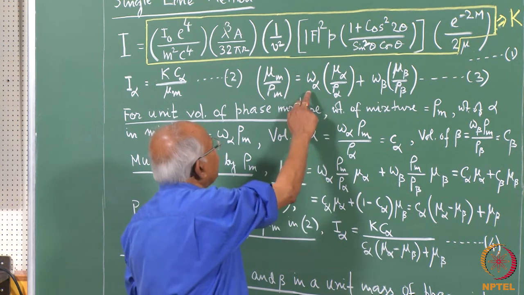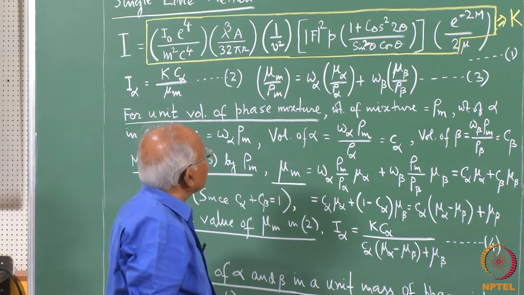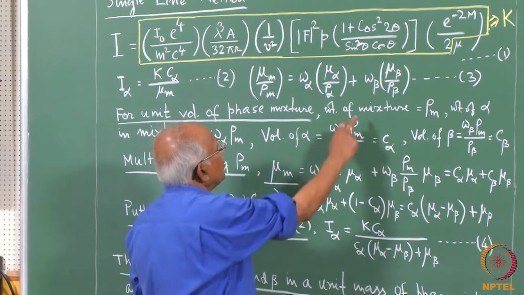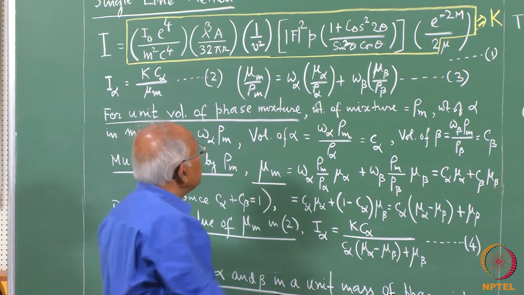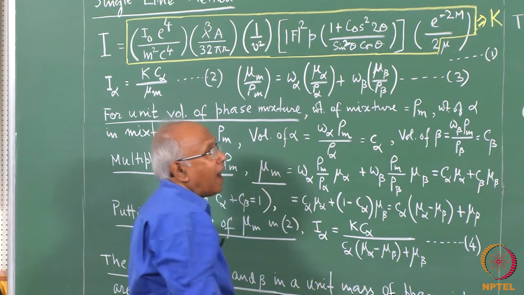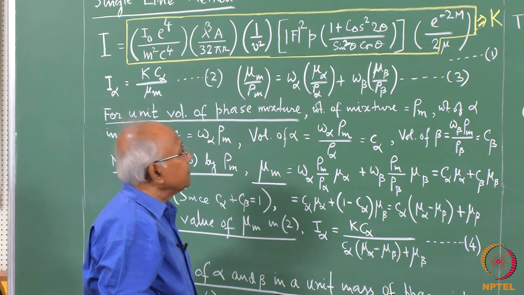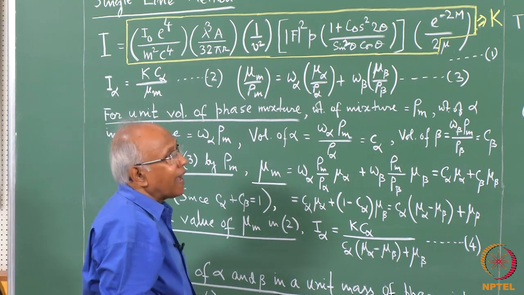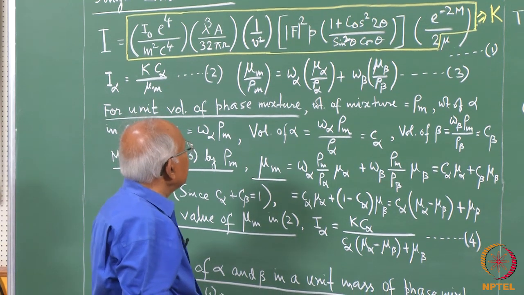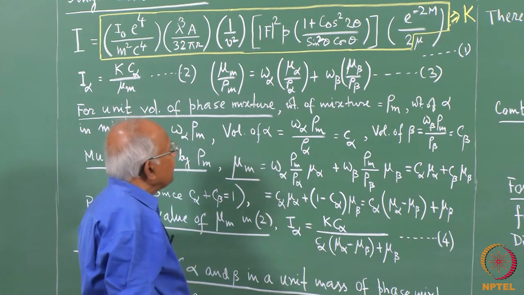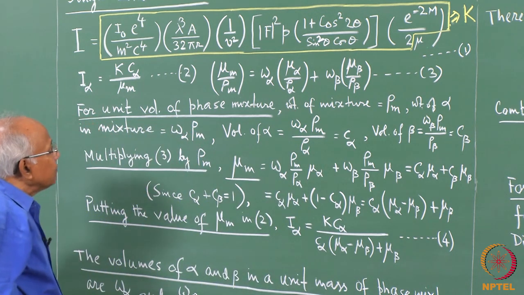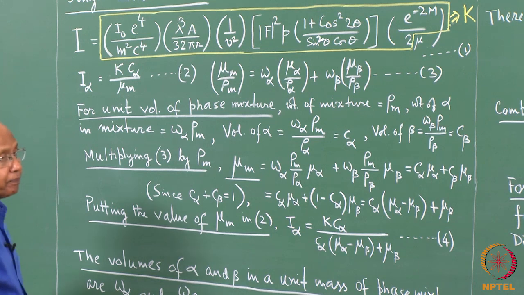So W alpha is the weight fraction of the alpha phase in the mixture. W beta is the weight fraction of the beta phase in the mixture. Mu alpha and mu beta are the linear absorption coefficients of the alpha and beta phases. Rho alpha and rho beta are the densities of the alpha and the beta phase respectively.